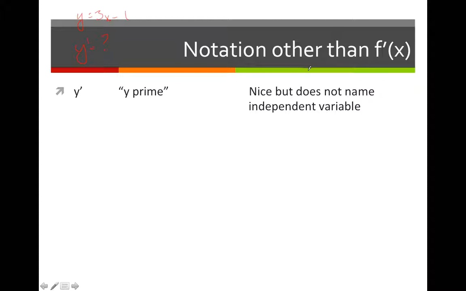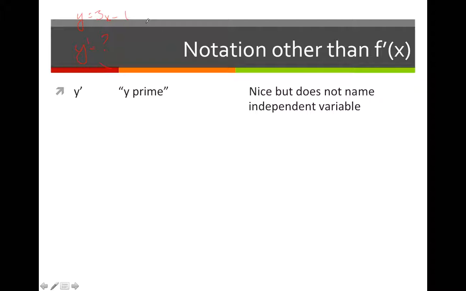It's a nice, simple notation, but the only problem is it doesn't tell you what you're taking the derivative with respect to. Normally we understand that it's with respect to x, so I have to take the derivative of 3x minus 1.